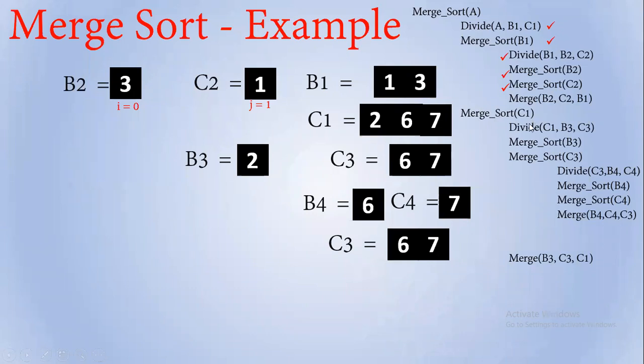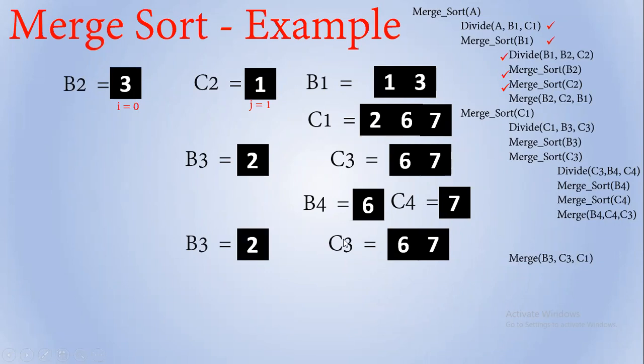So in order to finish merge sort C1, the final operation is to merge B3 and C3 into C1. So B3 is 2, C3 is this one. So the final step of this merge sort C1 is merging these.